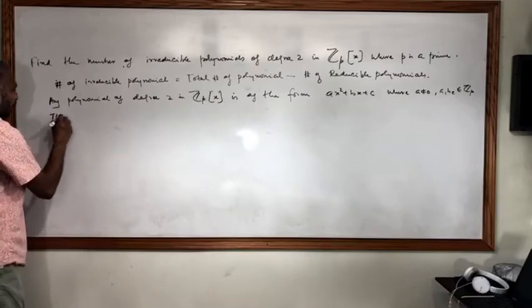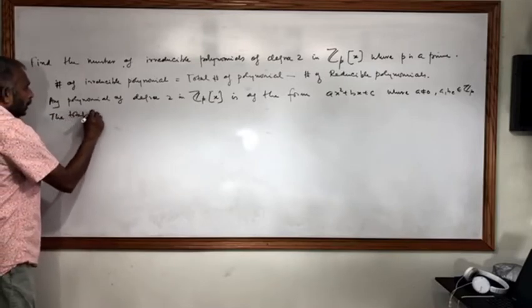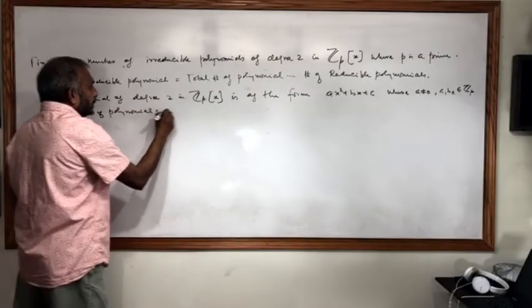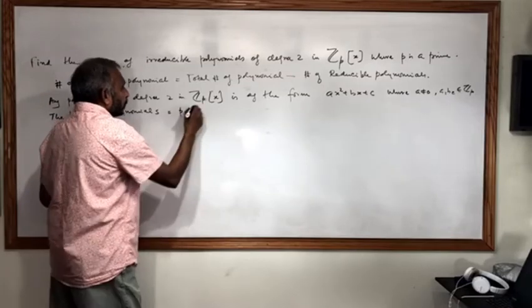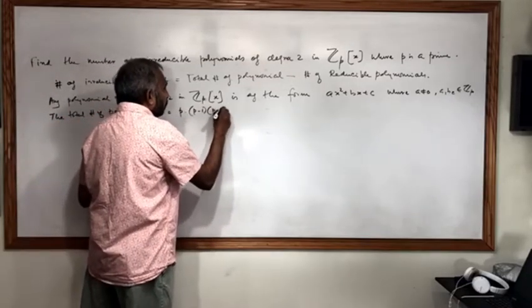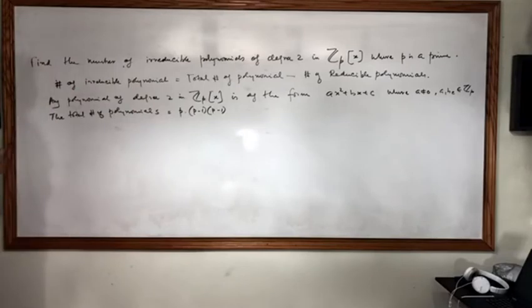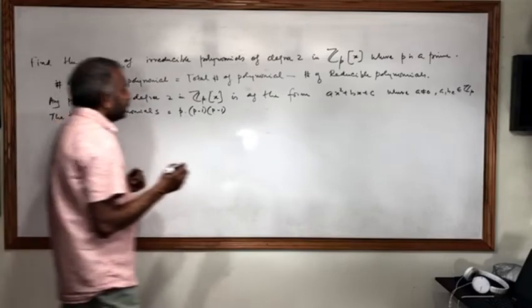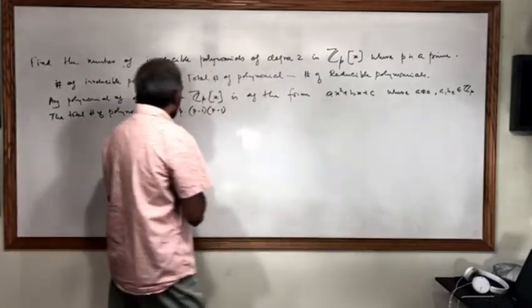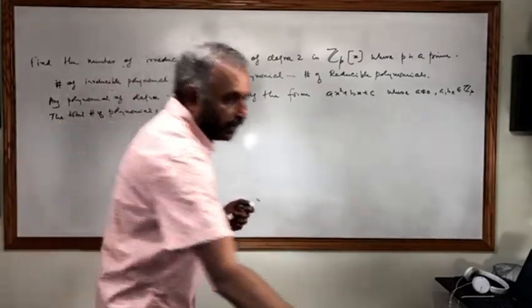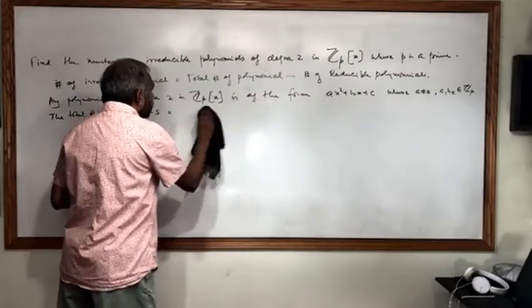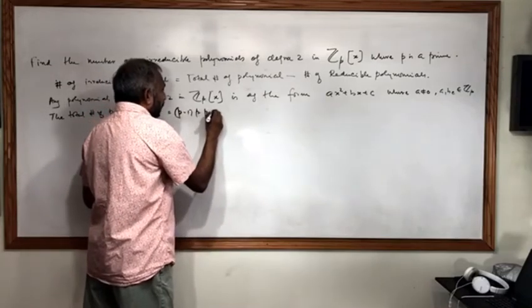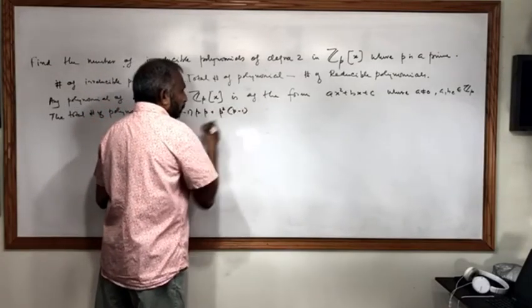So the total number of polynomials is equal to, no, it is the other way, (p minus 1) times p times p, and that is equal to p square times (p minus 1).